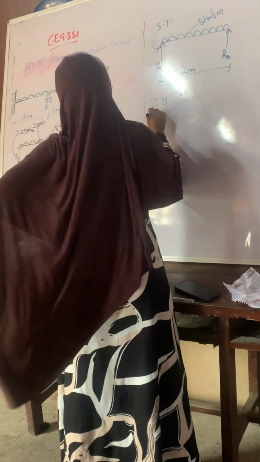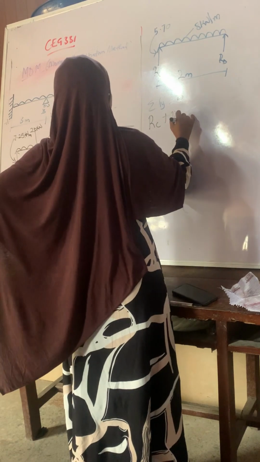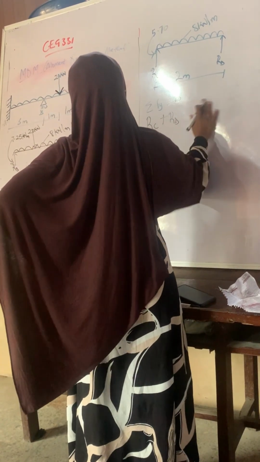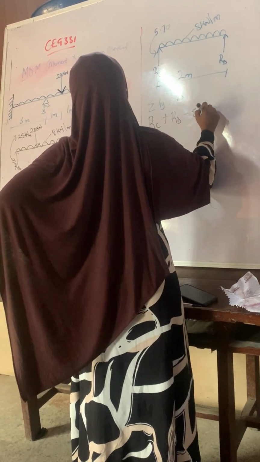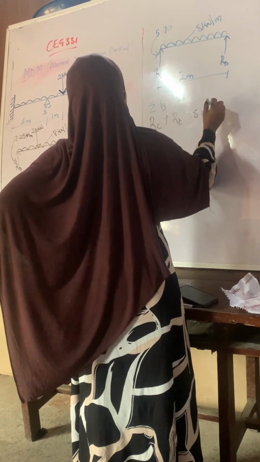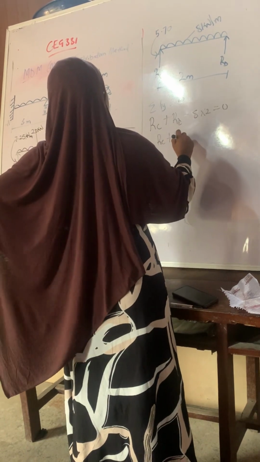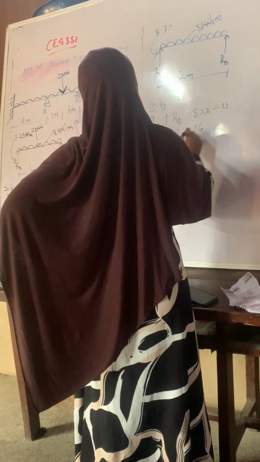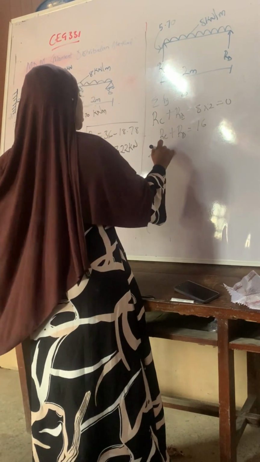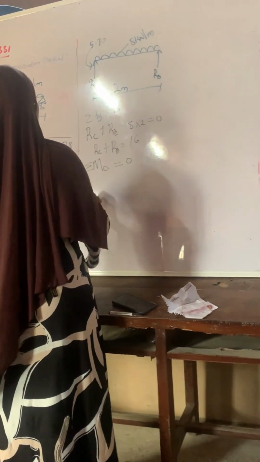So now we're going to have RC plus RD equals 8 times 2, which is 16. Our summation of moment about point D equals 0.